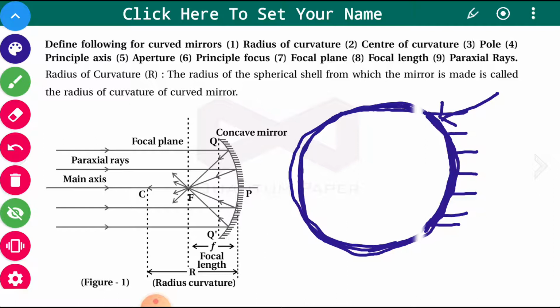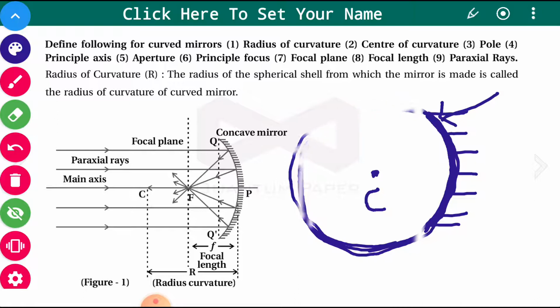Now radius of curvature. First of all, we talk about the center of curvature. This is the spherical shell, which has its center somewhere here at this point. Say this point is C. The center of the spherical shell from which the mirror is made, this point C, is called the center of curvature of the mirror. Now this part is not needed, so it is taken out.